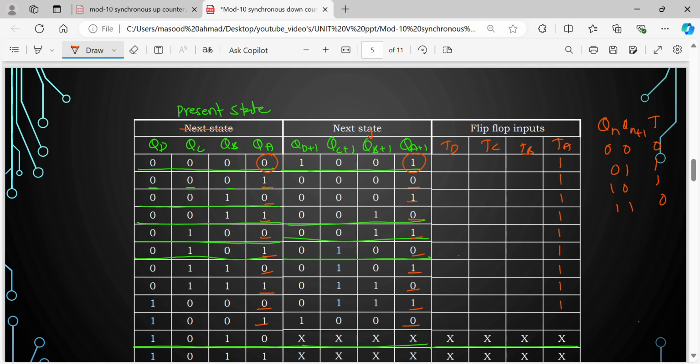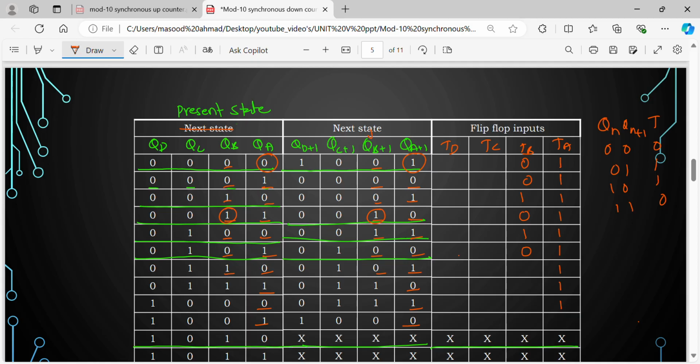So compare B: this is 0, this is also 0, so 0, 0, 0, 0. Next 1, 1, whereas this is 0, whereas this is 1. So when 1, 0, it is 1. Next 1, this is 1 and this is also 1, so it is 0. Similarly 0, 1, 0, 1, 1, 0, 0, 0, 1, 0.